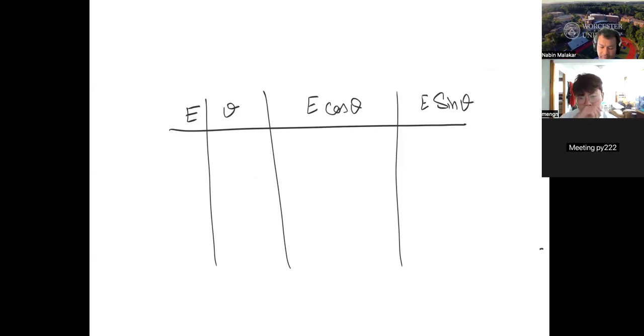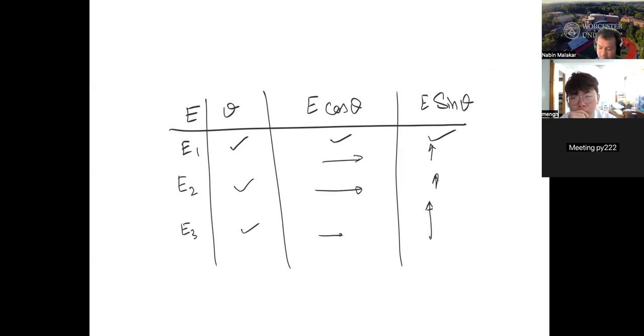So for E1, you have the angle, you have the cosine theta and sine theta, and it's going to be this and that. For E2, the angle you're given or you can measure, and then EX is going to be this, EY is going to be that. For E3, if you know the angle, EX is going to be this, and EY is going to be that. So you end up adding all the vectors and you get the total vector.